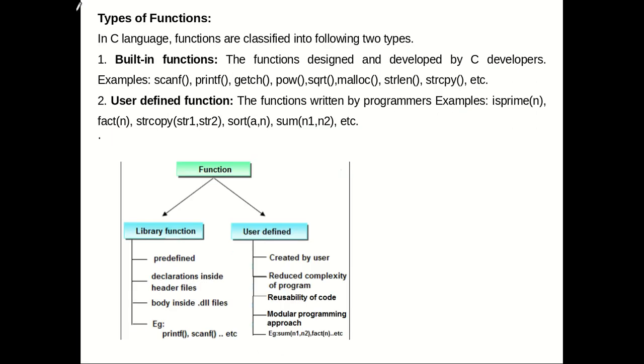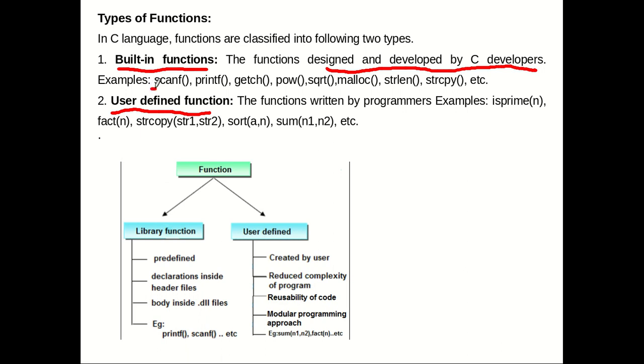Let us see the different types of functions. A function is classified into two types. One is the built-in function, and the second is the user-defined function. The built-in functions are designed and developed by the C developers, and are already available in the C library.